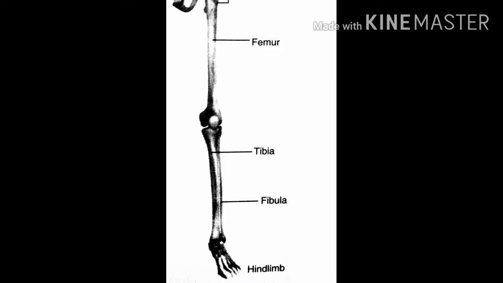The hind limbs help to bear the weight of the body at rest as well as during the movement of the body from one place to another. Several muscles are attached to the bones of the limbs.